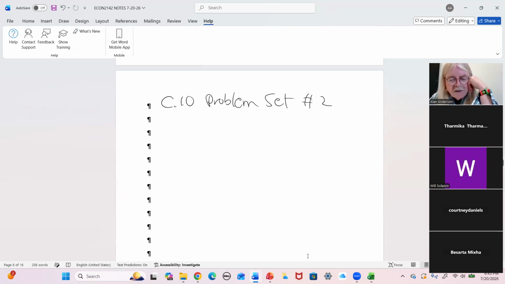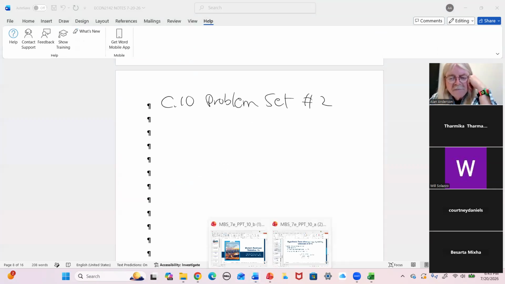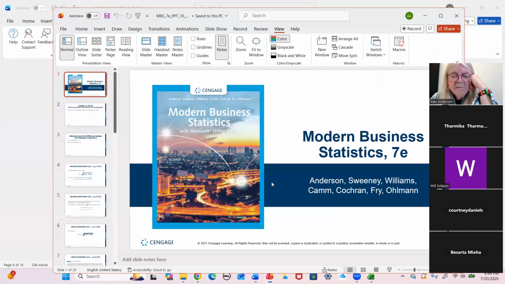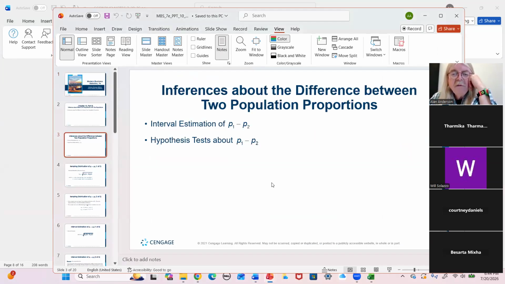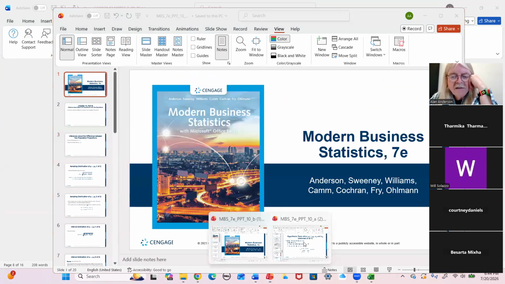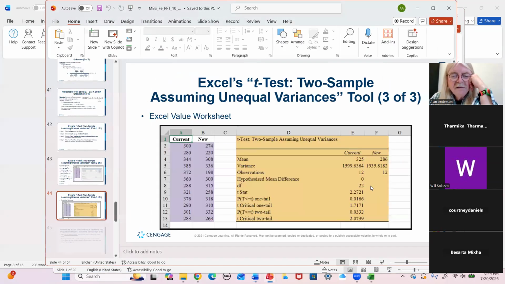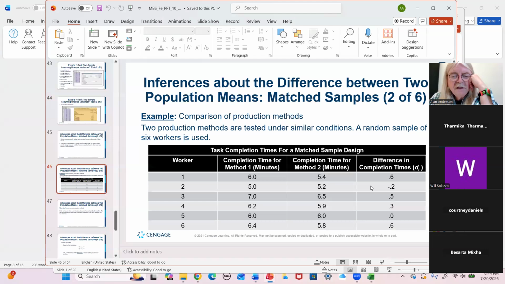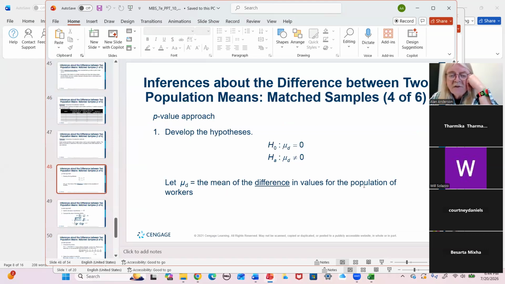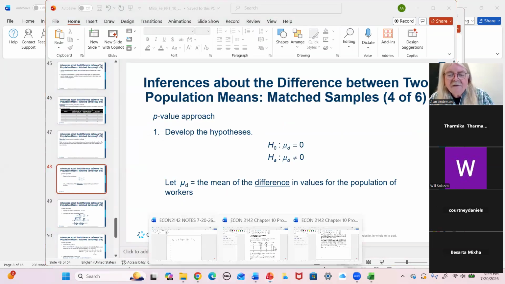All right, let's go back to the slides. Now, this is 10B, by the way. Oh, no, it's not. Sorry, my mistake. It was at the end of 10A. So remember, we use slightly different notation. That little d means difference.